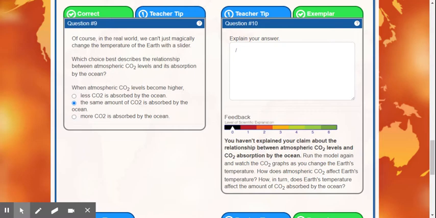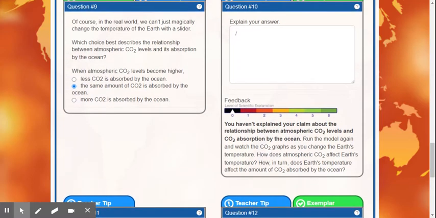When atmospheric CO2 levels become higher, okay, so when there's more carbon dioxide in the atmosphere, which of these do you think is true? Less carbon dioxide is absorbed by the ocean, the same amount is absorbed by the ocean, or more is absorbed by the ocean? And explain your answer. Now you see I just did a line. I didn't want to do an explanation just so you had a chance.